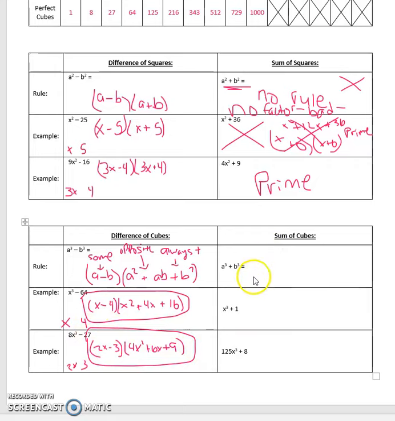Okay. Now for the sum of cubes, this one is a rule. This one works. So because this one's plus, we're going to do the same thing as we did over here. We're just going to switch our signs. So this is going to be A plus B. Remember, because this is the same.